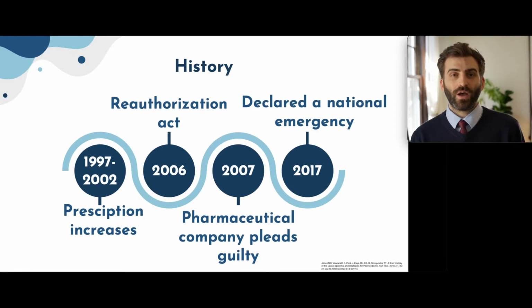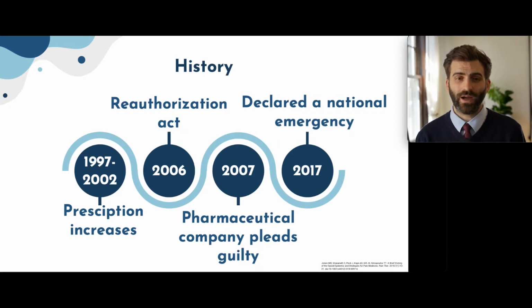After this positive evidence came out and the pain societies were being more active, the pharmaceutical companies were being more active, prescriptions of opioids began to increase by quite a bit. So much so that in the mid-2000s, it was already becoming quite an issue. People were developing use disorders, people were overdosing and dying, and in 2006 the government made it so that primary care providers could see more patients and prescribe more medications to treat opioid use disorders.